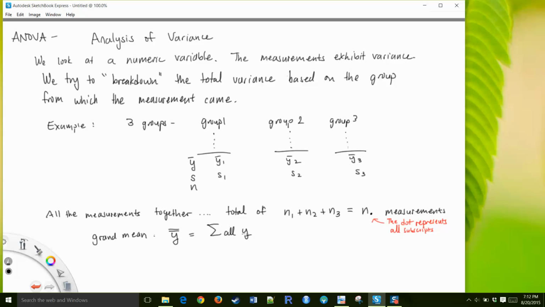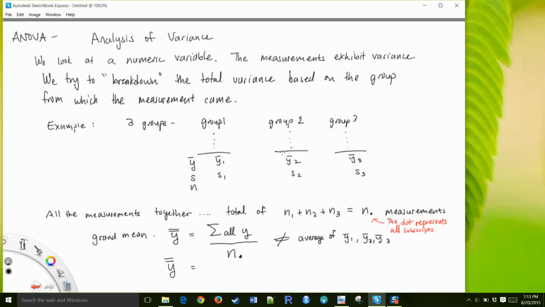Now, a lot of times when you do these analyses, you don't have access to all the raw data points; you might just have the summary information. So y double bar can also be found by doing n1 times y bar 1, which gives you the sum of everything in group 1, plus n2 times y bar 2, plus n3 times y bar 3, all divided by n dot.